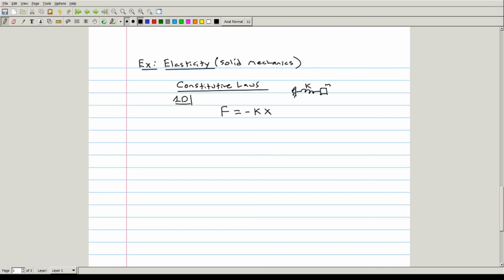Now, solid mechanics is more interested in generalizing this idea, generalizing Hooke's law. And this is exactly what happens. In a 3D solid body, you consider the relationship between stress and strain in the body.